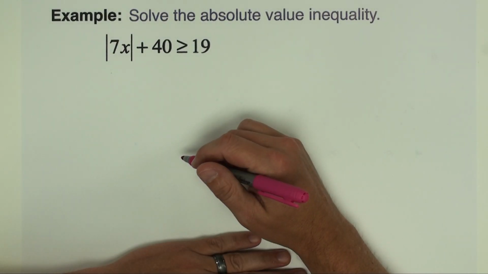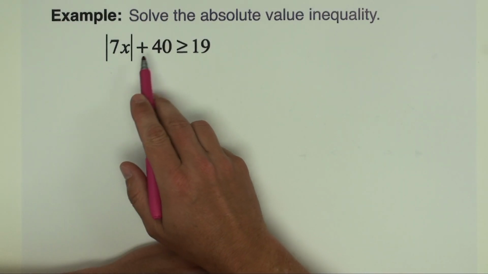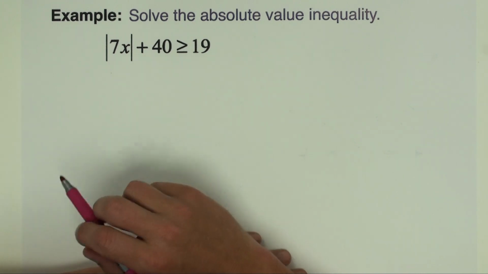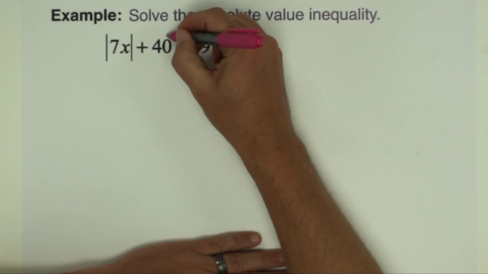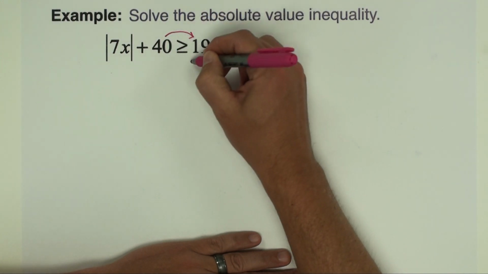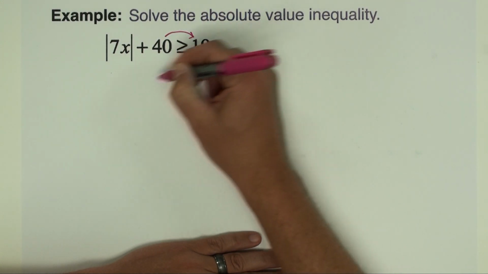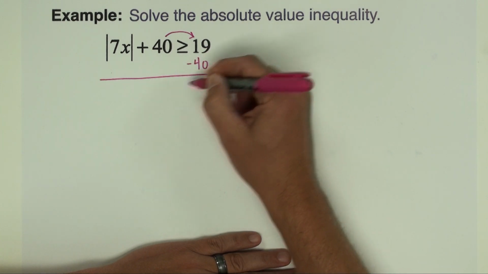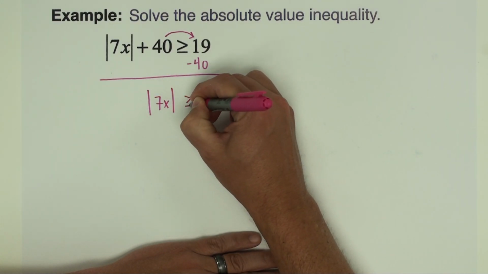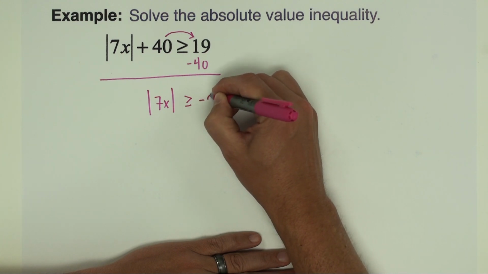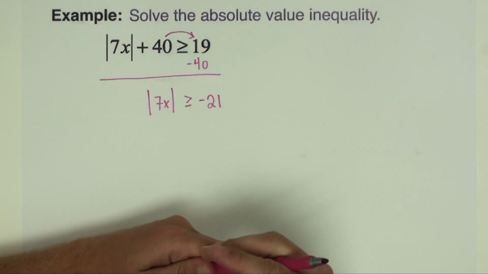Okay, one final example problem. Absolute value 7x plus 40 greater than or equal to 19. It's an or statement because it's greater than. I'm going to start by moving this 40 to the right hand side by subtracting it. So we have absolute value of 7x is greater than or equal to negative 21.